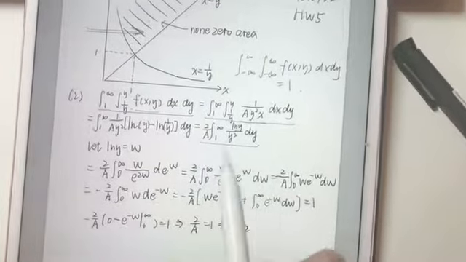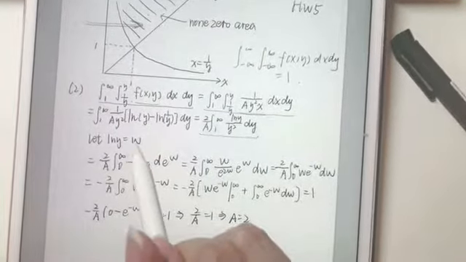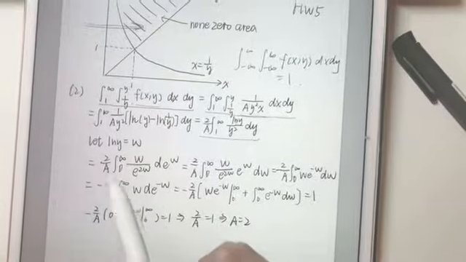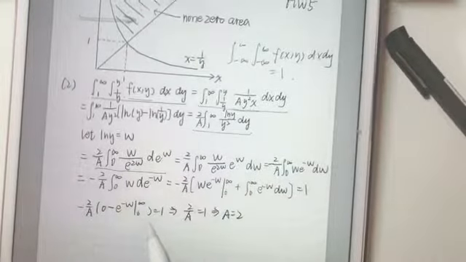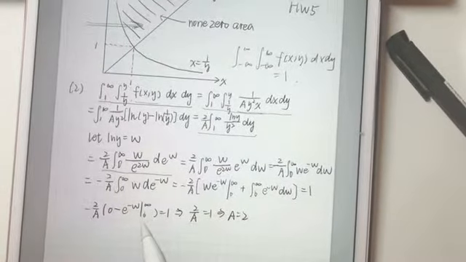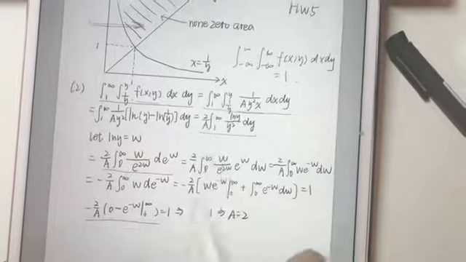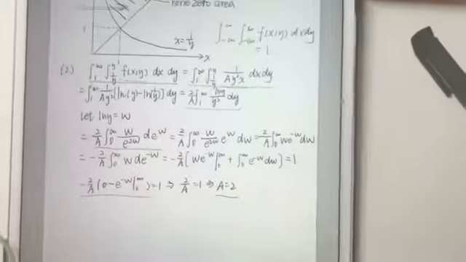We let ln y equal w, and the expression can be changed into this form. After calculating, we can get the final answer: a equals 2.